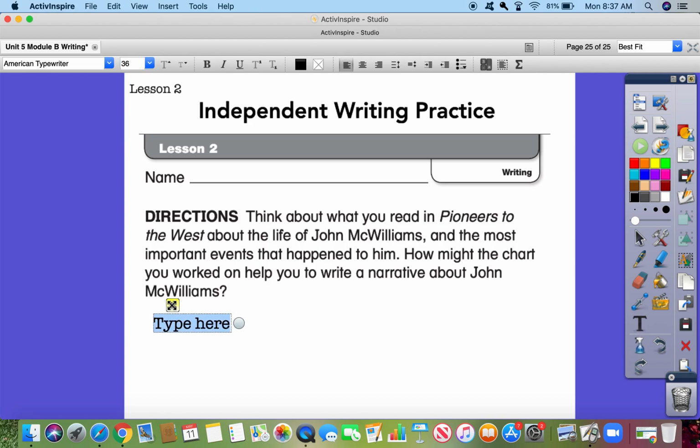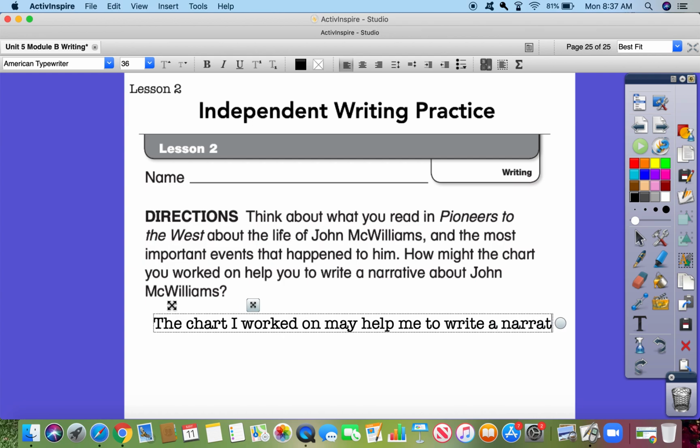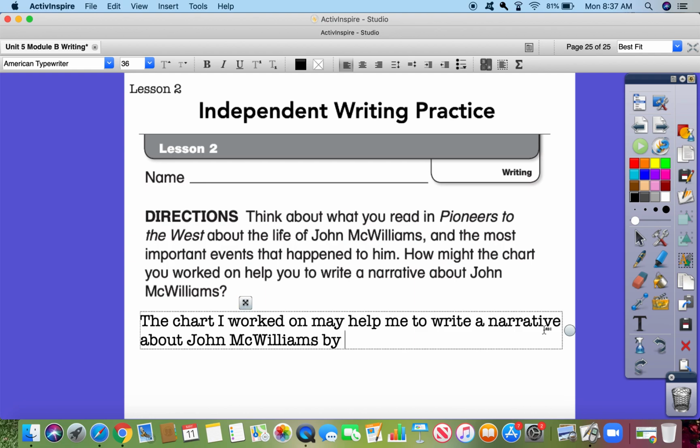Okay, so the chart that we just made, right? So the chart I worked on may help me to write a narrative about John McWilliams by, and then you can tell me, right, how does the chart help organize those events and help keep it clear for the reader?